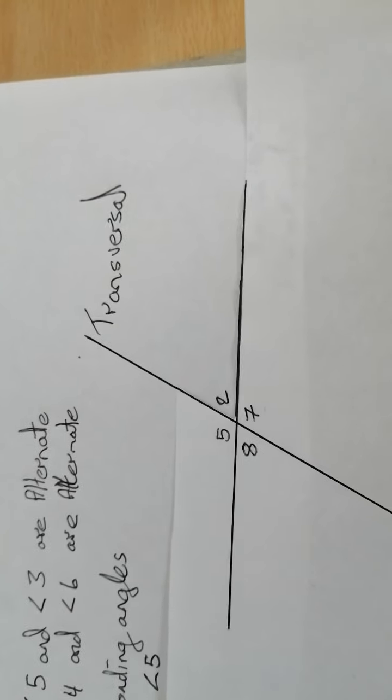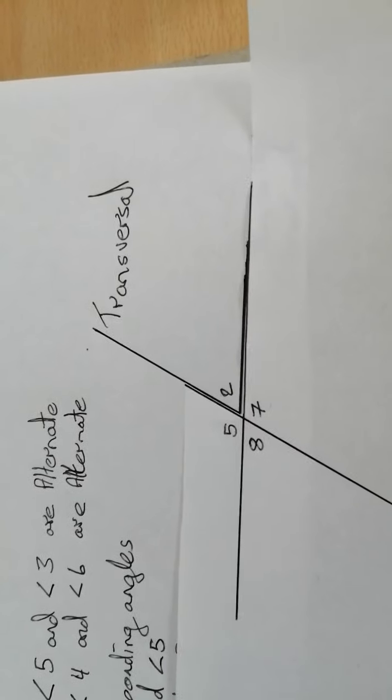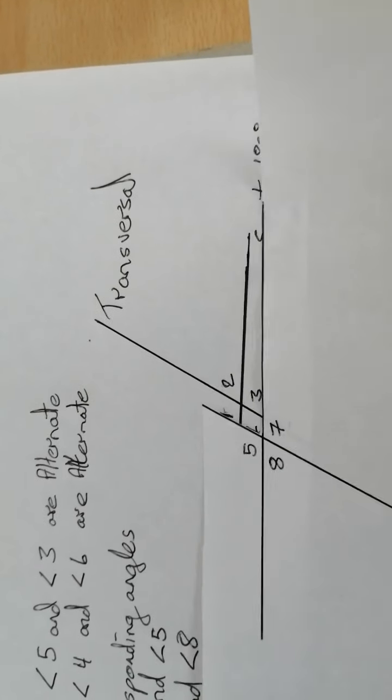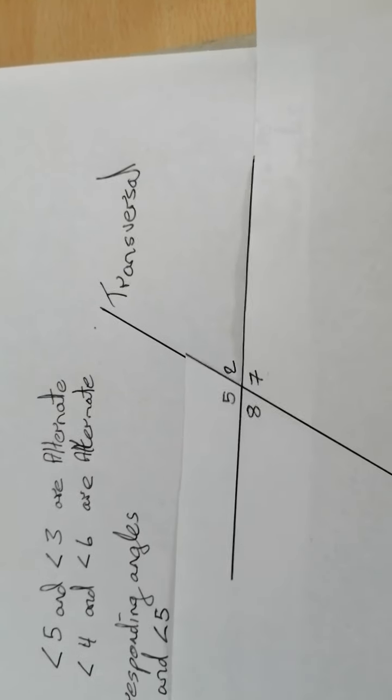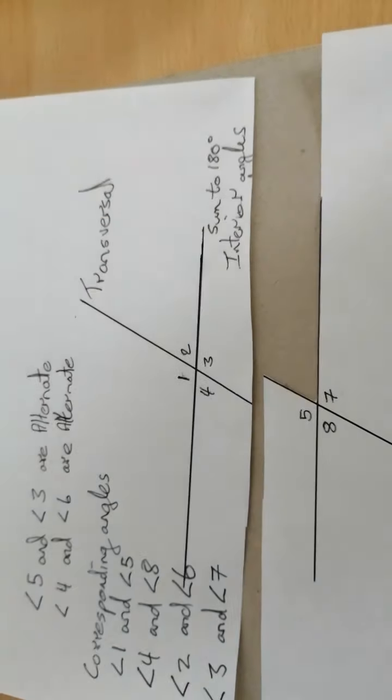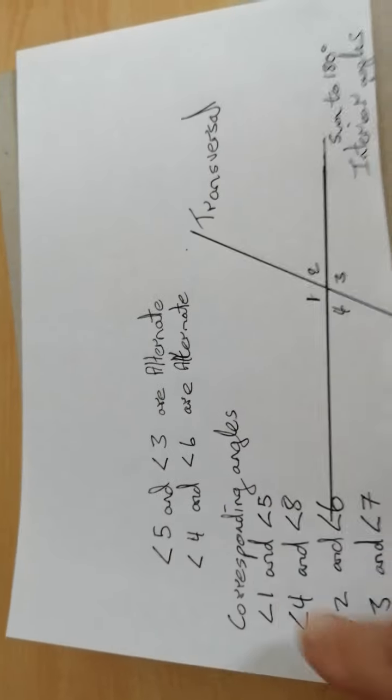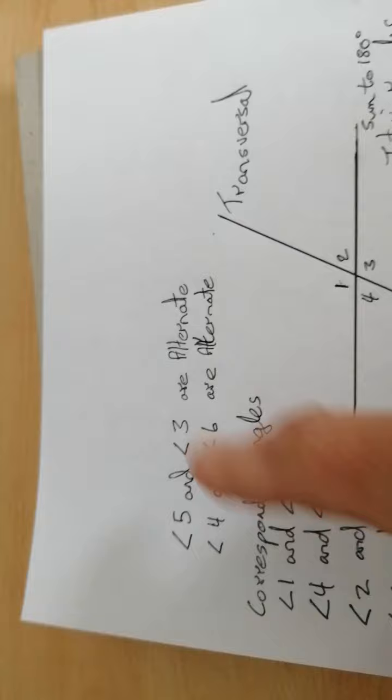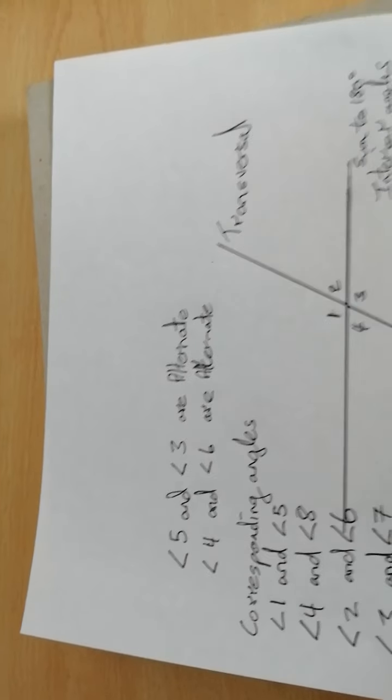If I move that angle up and I place it on top of where angle 2 is, you can see that it's exactly the same size as angle 2. Is that okay? So maybe you could try that at home by cutting out some of these angles yourself and proving that indeed the ones that we said were corresponding were equal to each other, and the alternate ones were also equal to each other.